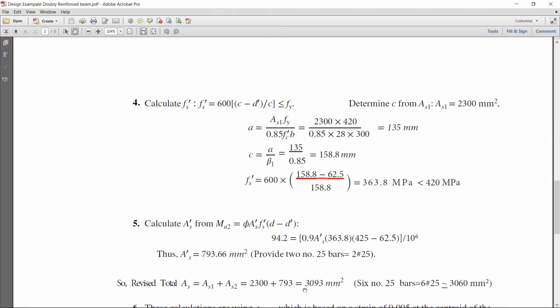So the required total steel is 3093 millimeters square. We have provided 6 number 25 whose total area of steel is 3060 millimeters square, which is nearly equal to the required. So in this example we are providing 6 number 25. You can also increase one bar, like 5 number 25 and 1 number 32 bar.